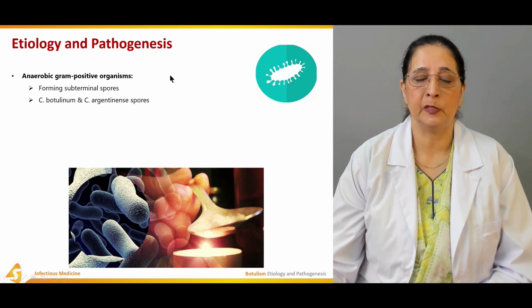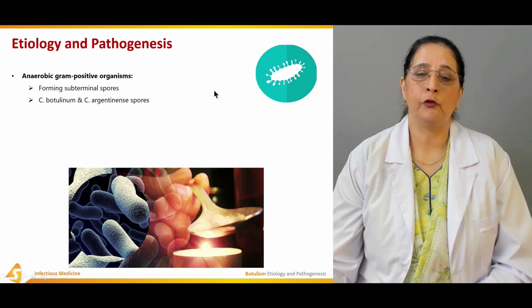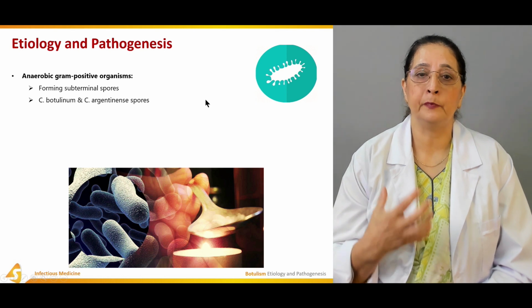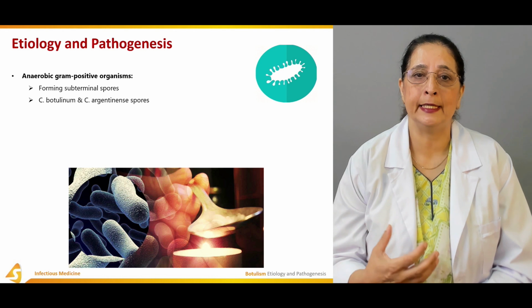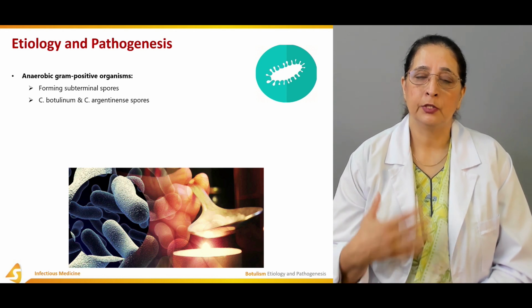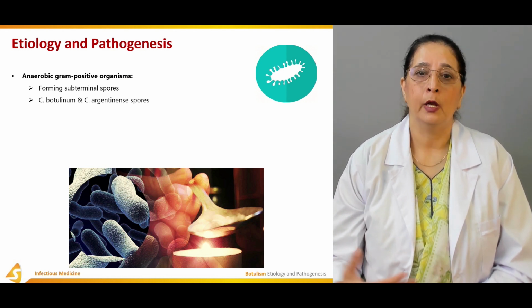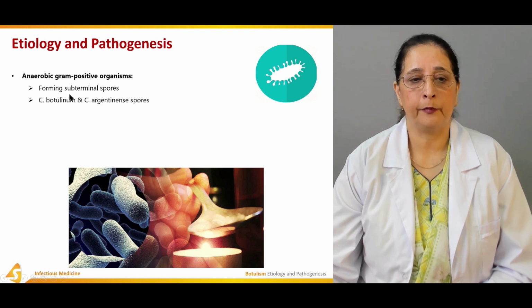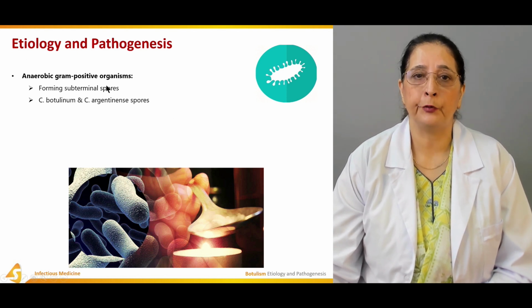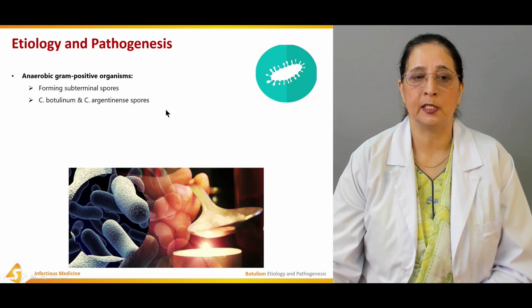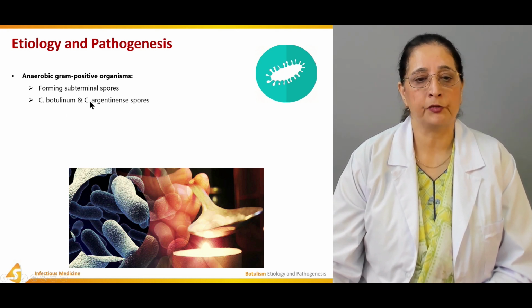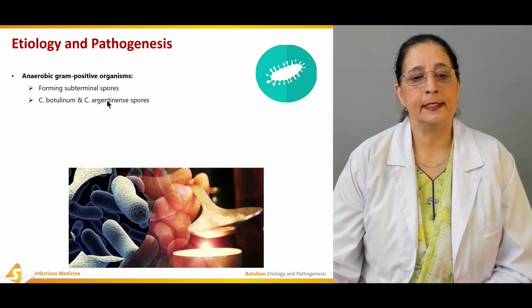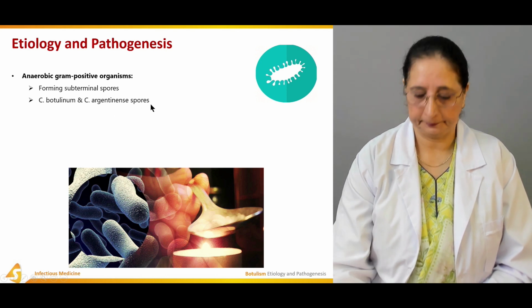Microorganisms that form these spores are very resistant to destruction by heat and temperature, so they can grow and proliferate. These are the spores of Clostridium botulinum and Clostridium argentinense.